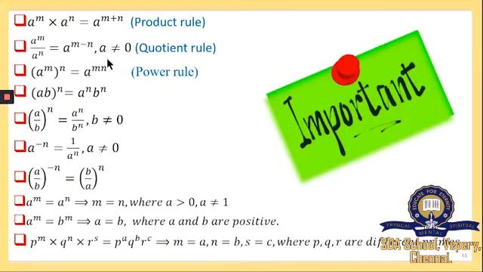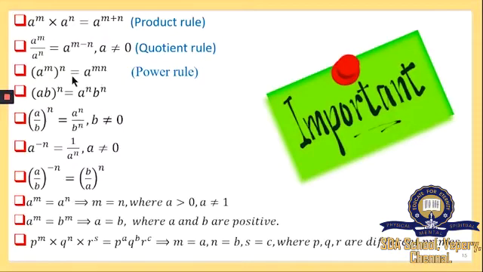And they have given condition a should not be equal to 0. Why they have given a should not be equal to 0? Suppose if a is equal to 0, you will get 0 to the power something divide 0 to the power something, right? And that will be equal to 0 power something. So 0 power something will always be 0 only. So they have given condition a should not be equal to 0. So the second law is also known as quotient rule.